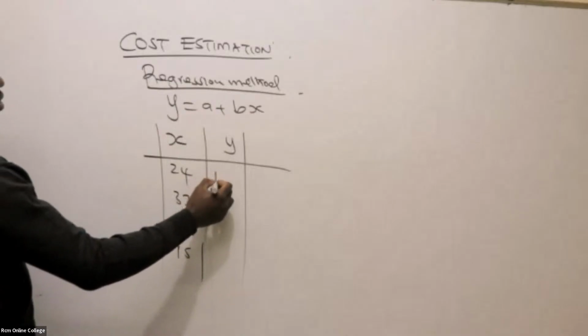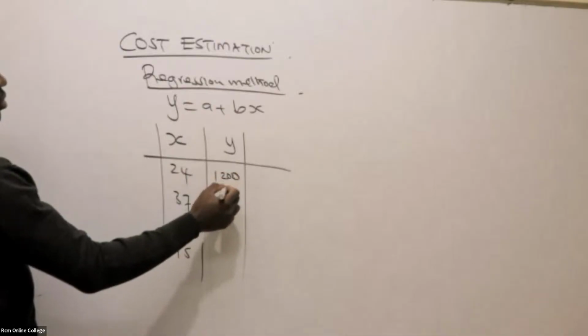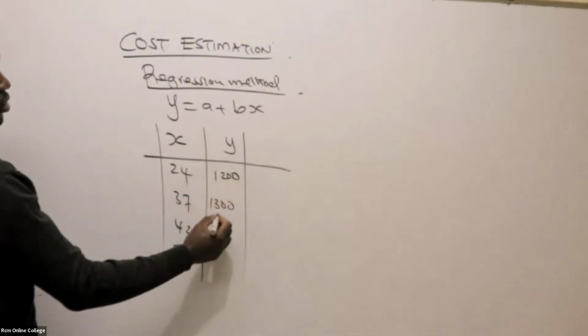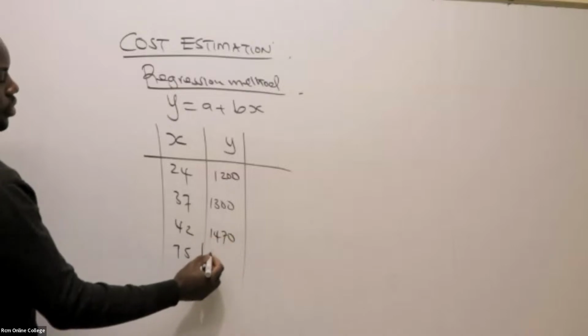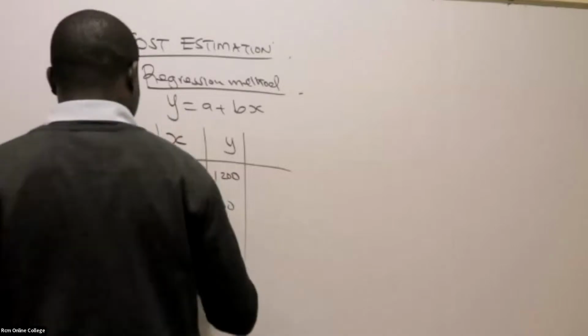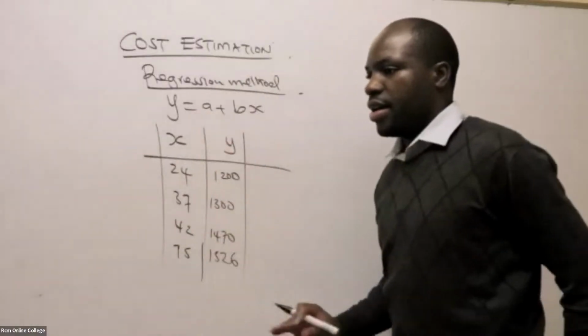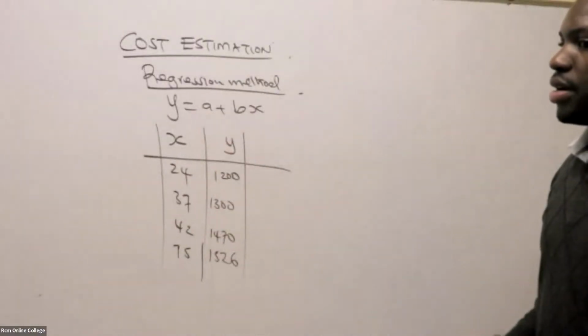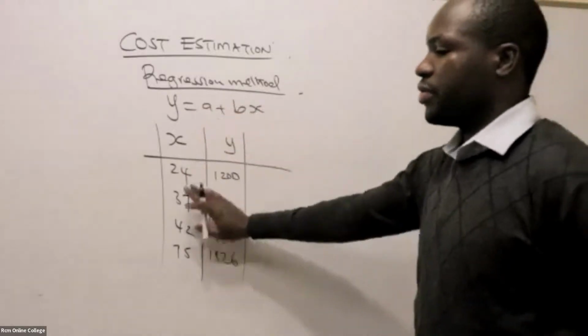Then y is 1,200, 1,300, 1,470, 1,526. That is your cost. That is your data, x and y. And you're supposed to give us the cost function in this form.